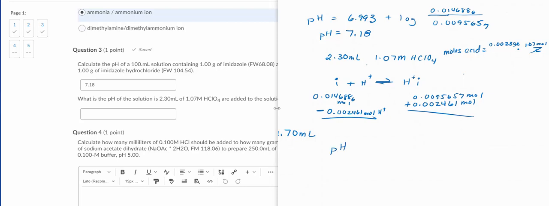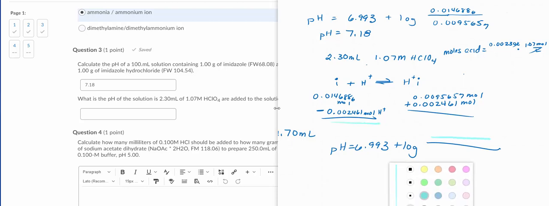So the pH is still going to be equal to 6.993 plus the log of a ratio, but now I have a new ratio. So this value here that I haven't calculated yet is going to go here, and this value is going to go here.